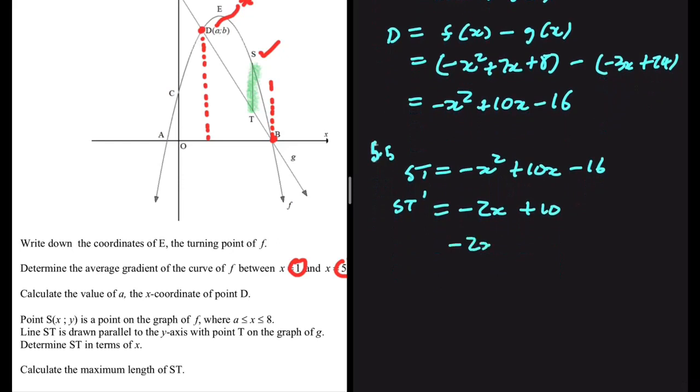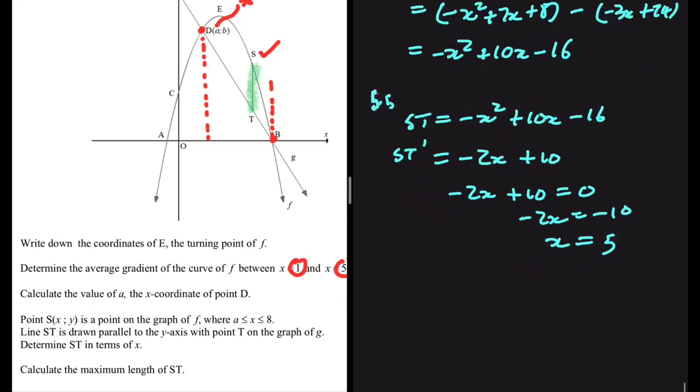So we're going to have minus 2x plus 10 is equals to 0. Minus 2x is equals to minus 10. X is equals to 5. Now, if we substitute 5 into ST, we're going to have minus 5 squared plus 10 multiplied by 5 minus 16. This is equals to 9.